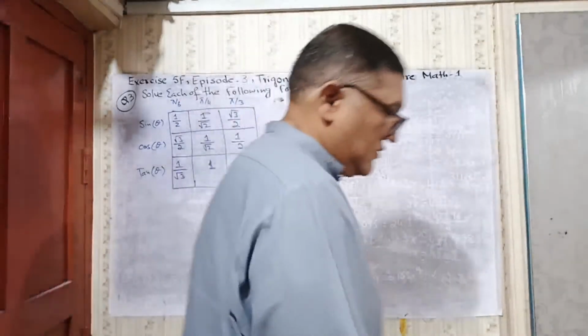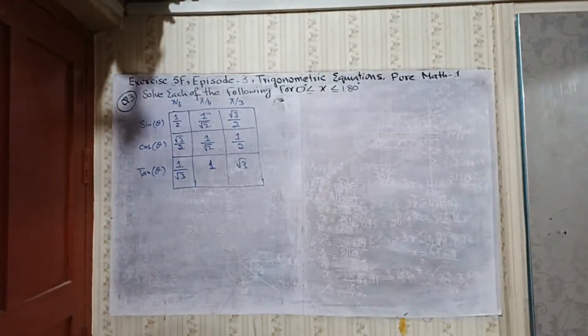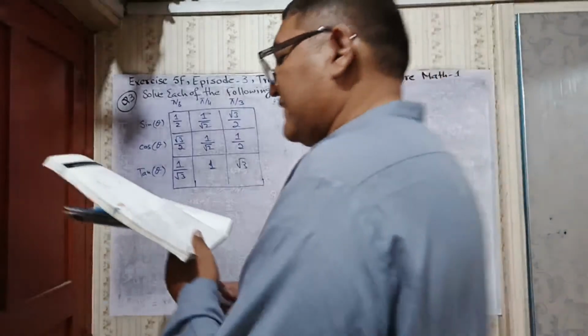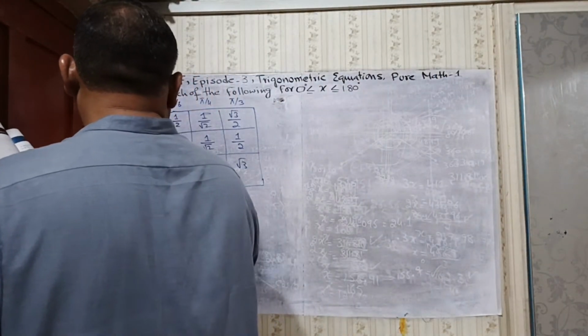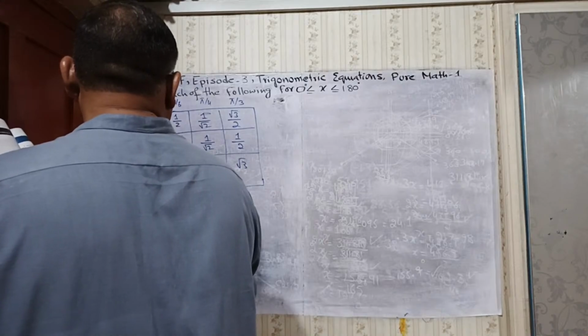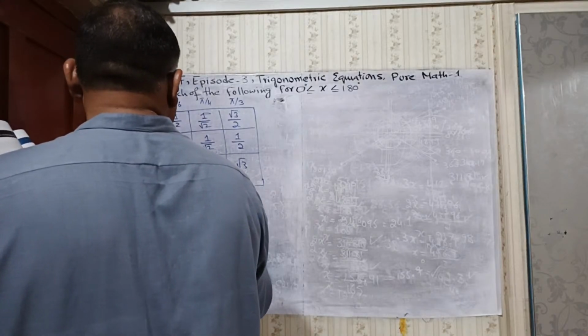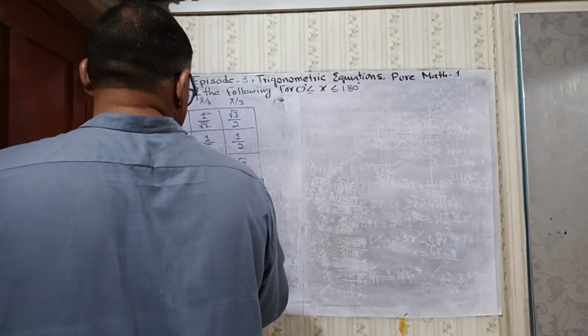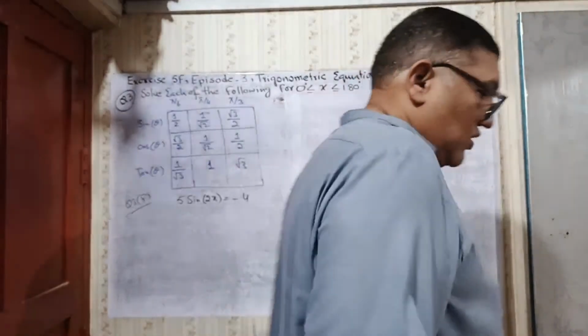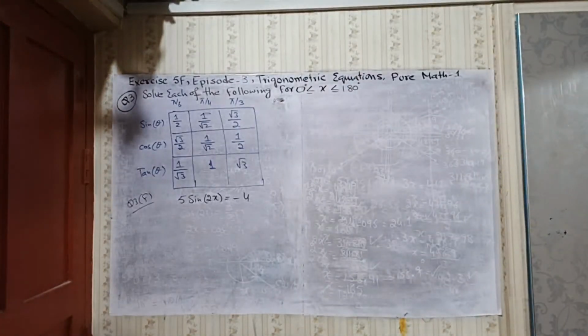It says 5 sine 2x is equal to minus 4. So I will take that 5 to the other side.